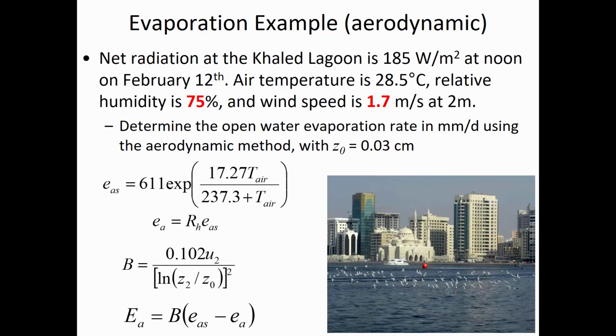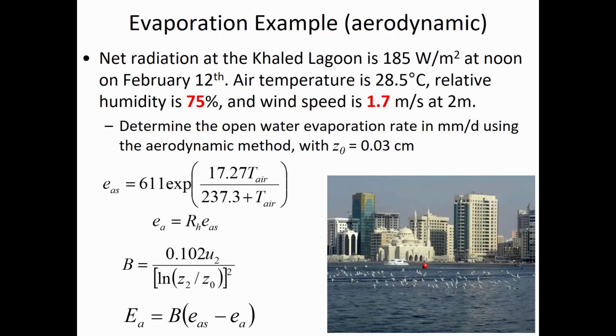All right, and then we need to have the ratio of the elevations in the denominator. So Z2 to Z0, so that's 2 to 0.03. Okay, and then we square that. Centimeters and, yeah, meters. Yep, we do.